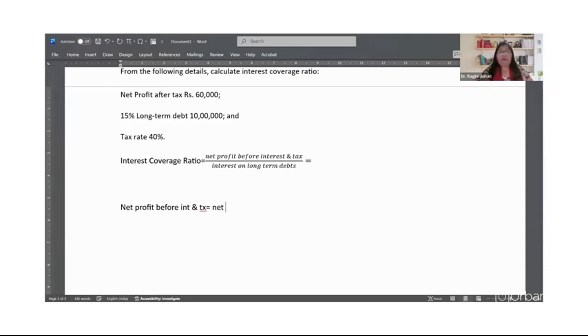Net profit after tax, that is 60,000, is multiplied by 100 upon 100 minus the tax rate.